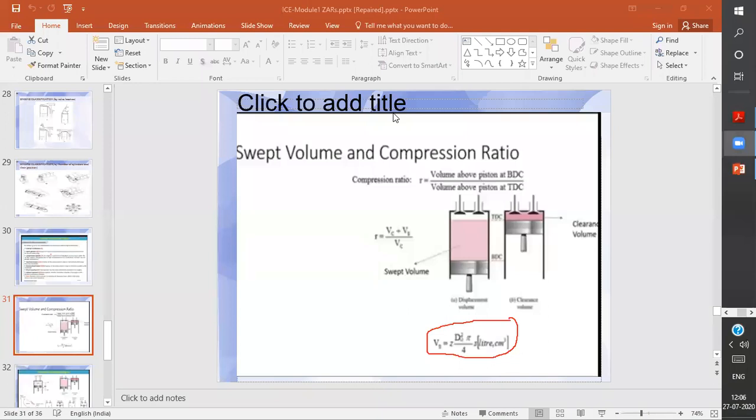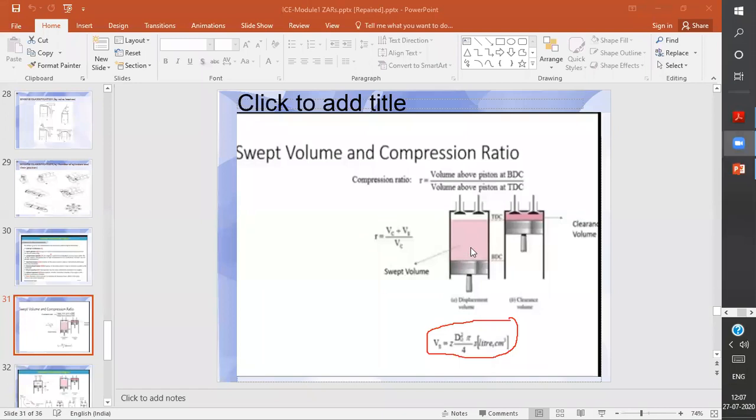See, the stroke volume is pi r square into L. What is the diameter of the piston? Diameter of the piston is D, if it is capital D. And if the radius is R, the area of the piston is pi r square, or pi d square by 4.